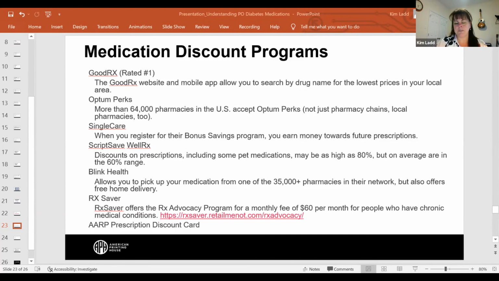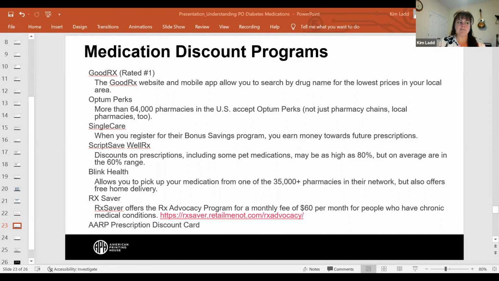Sometimes the price can be lots of dollars. So say my copay is $60, but I find the medication on GoodRx for $25. I'm going to go to that pharmacy and get it for $25 and not even bill my insurance for it. So there are things you can do about that.